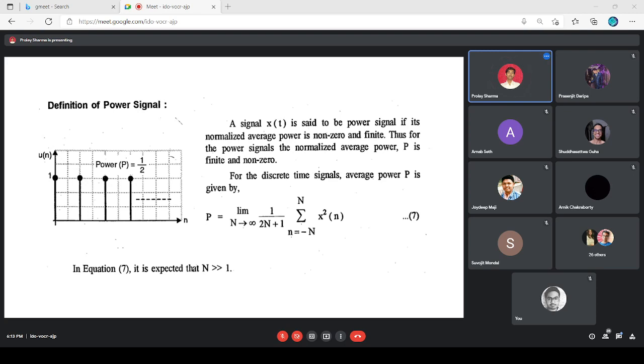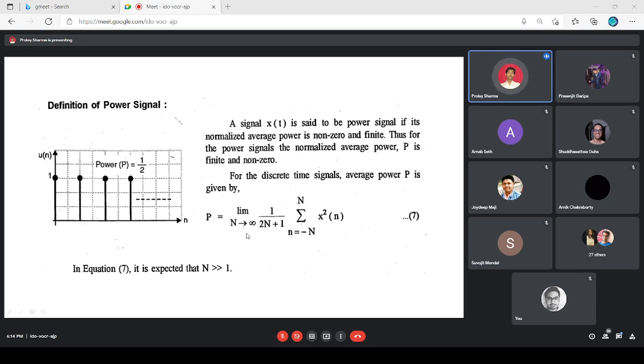For the discrete signal, this is the expression for power, that is, summation from minus N to plus N, multiplied with 1 by 2N plus 1, and N tends to infinity.